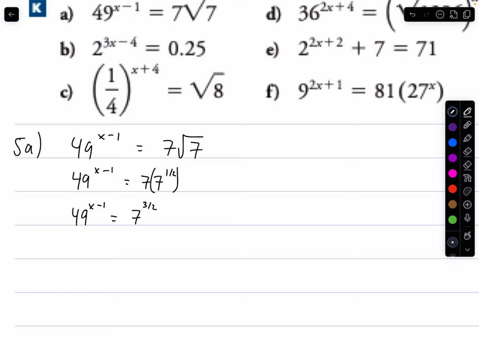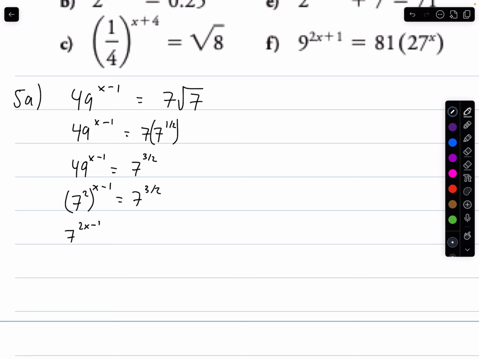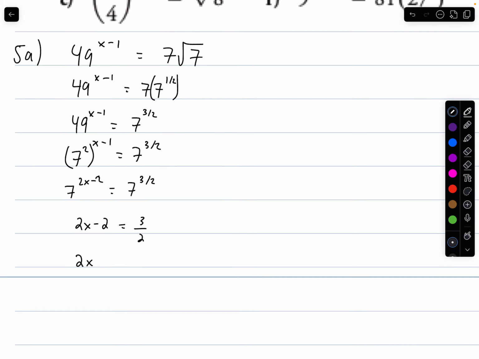Now I'm going to make this 7 squared because I want to get 7 as the base. And then from here, 2x minus 2 because I expand the exponent. And then here, I got 2x minus 2 is equal to 3 over 2. So 2x is equal to 3 over 2 plus 2.